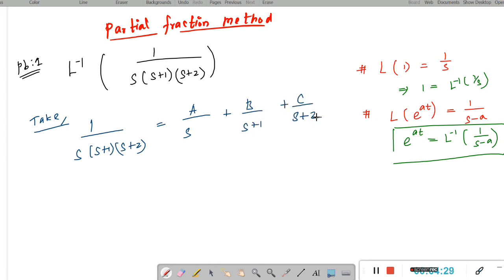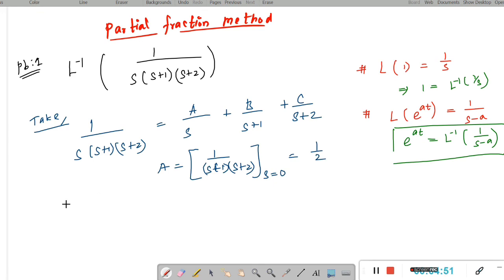Try to find A, B and C also. So A is equal to, by using Heaviside method, you can write 1 by s plus 1 into s plus 2. After writing this, you have to put s equal to 0. If you apply, you may get A equal to 1 by 2.